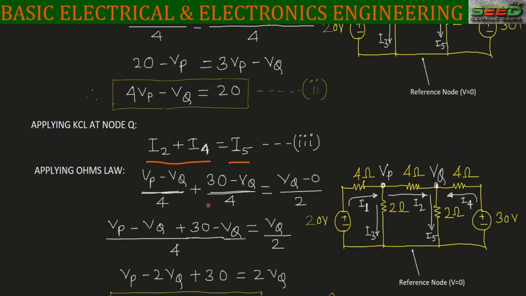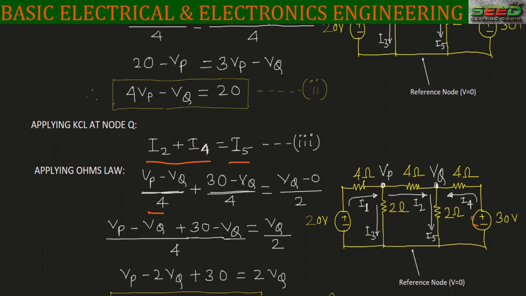Again we have to write the current equation in terms of unknown nodal voltage. So if I replace I2 is equal to Vp minus Vq by 4, and I4 is potential difference between these 2 points, means 30 minus Vq by 4, where 30 is higher potential as compared to Vq because the current I am taking is coming from 30 to Vq.